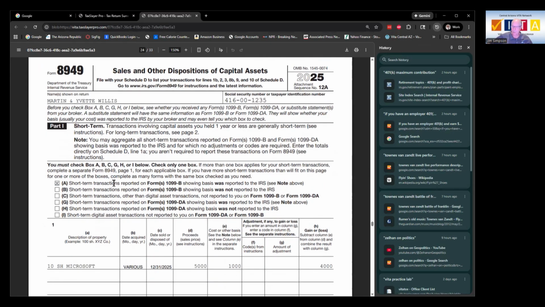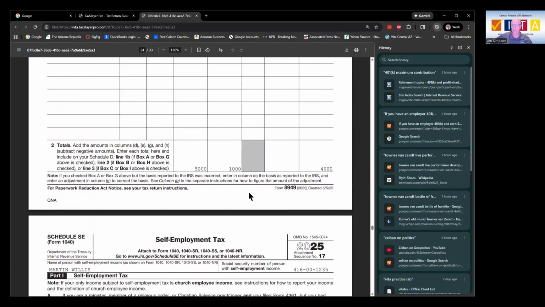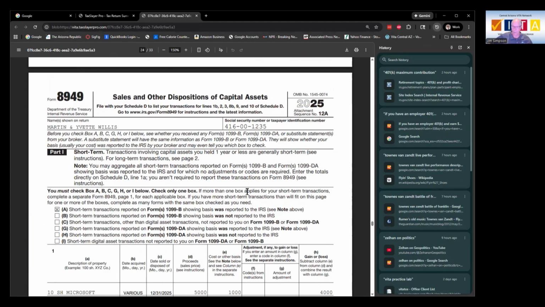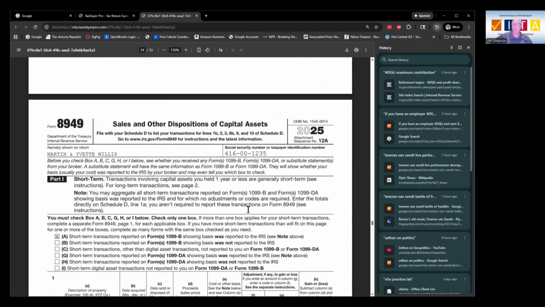This one says these are short-term transactions that the basis was reported. If we had transactions that weren't reported, it would generate a different 8949. The next page would have the long term things as well. And here it would list all the different transactions.